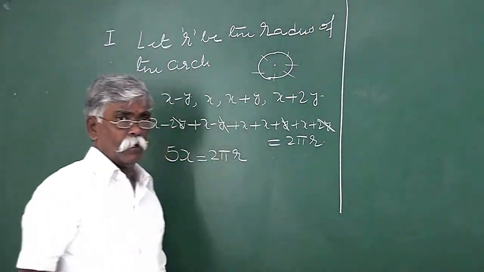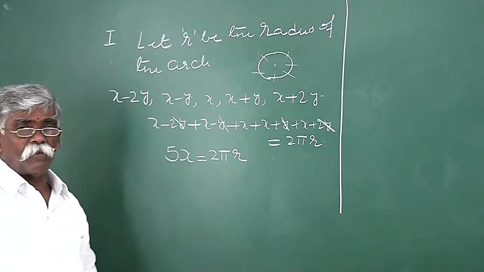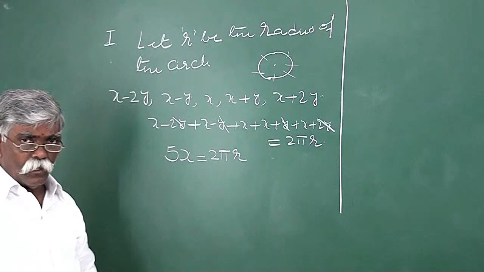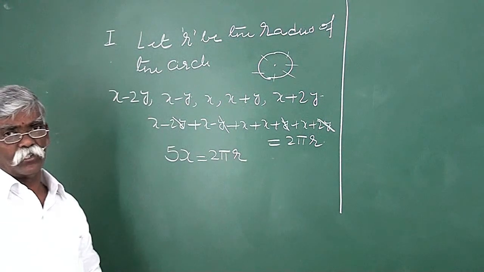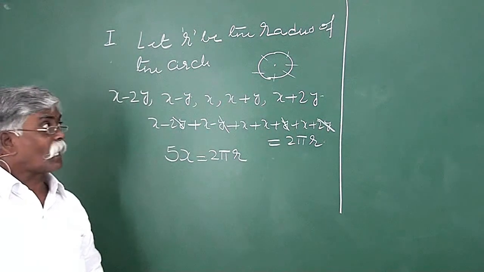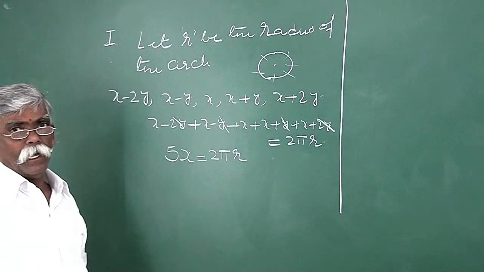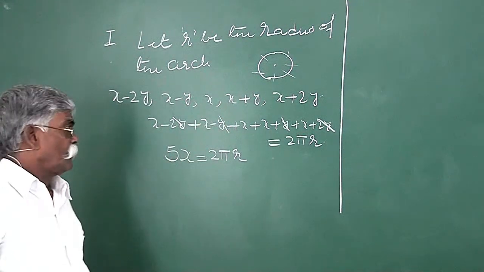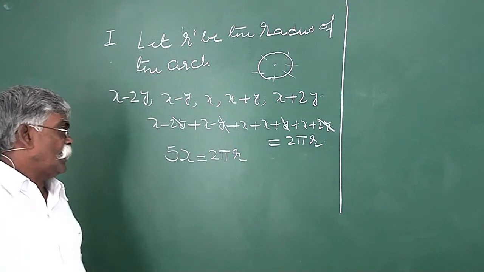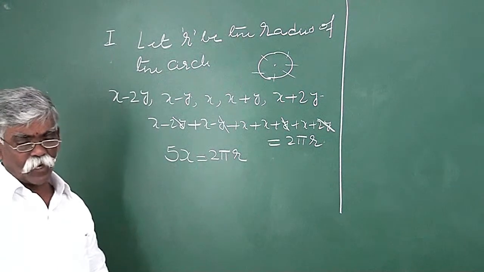Now, the first information is given as the entire circumference of the circle is divided into 5 parts, and the 5 parts are nothing but the lengths of the arcs of the 5 parts, and they are in AP, and their sum is equal to the circumference, and it is equal to 2 pi r. Thereby we got the value of x as 2 pi r by 5.